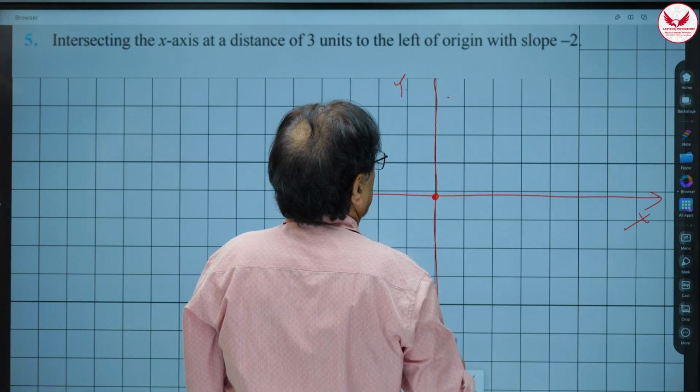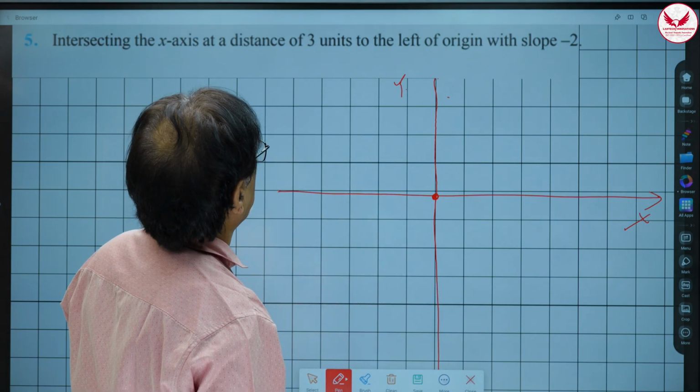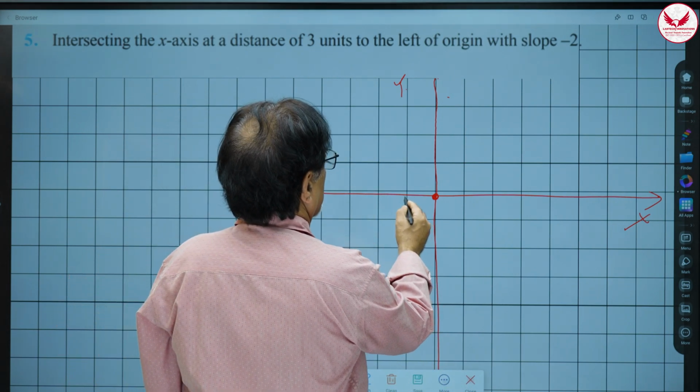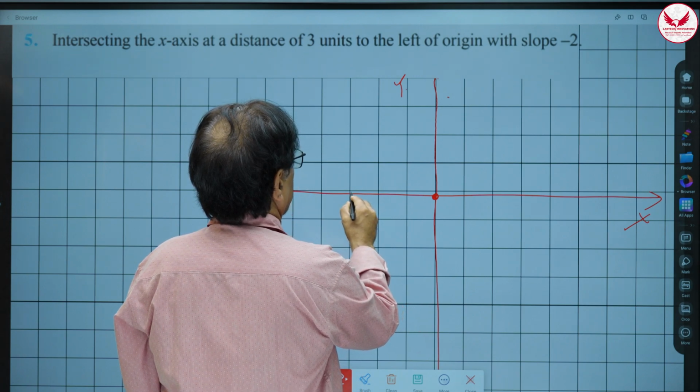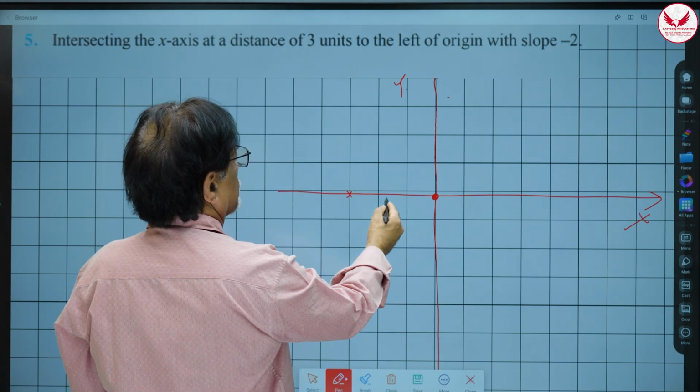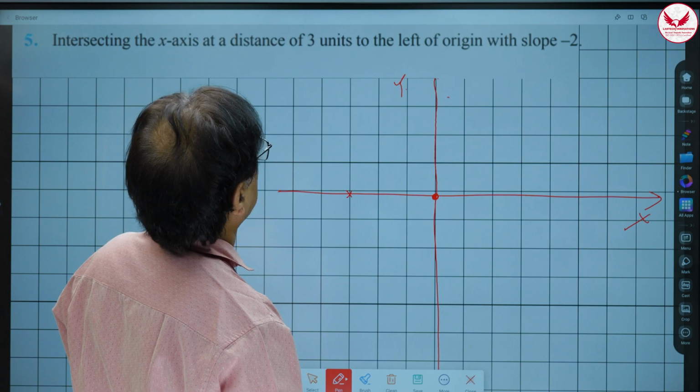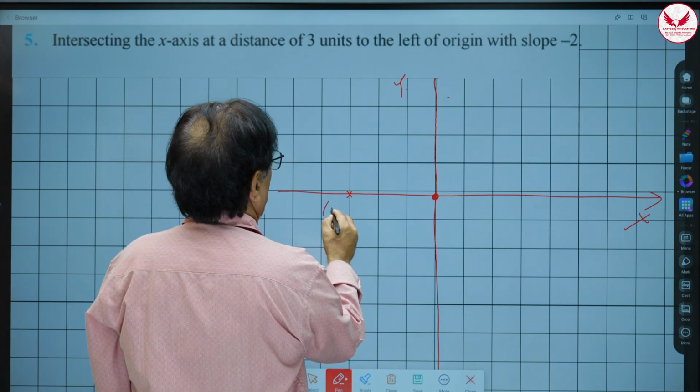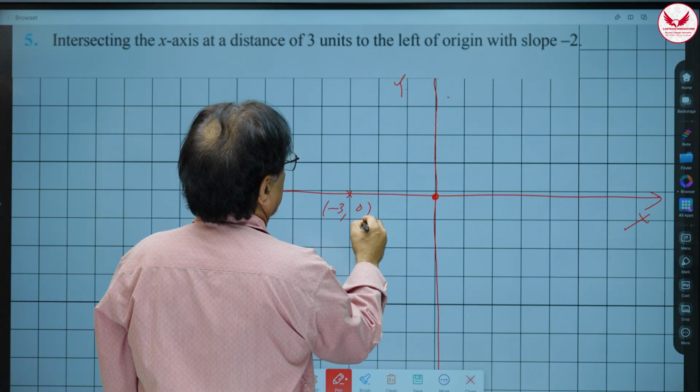This is our origin. 3 units to the left of the origin means 1, 2 and 3. So here, right? That means the point will have coordinates (minus 3, 0).